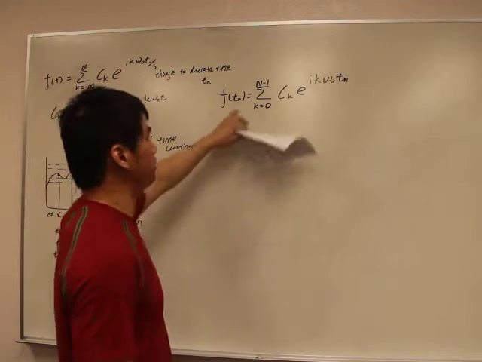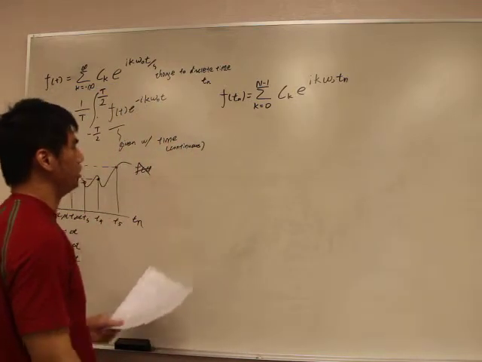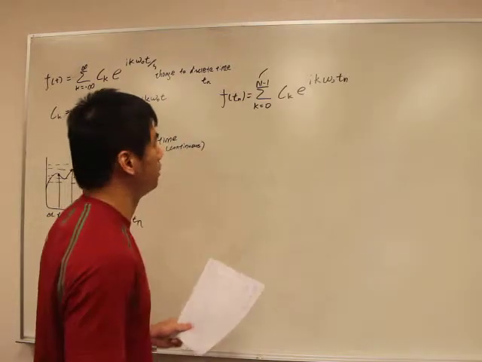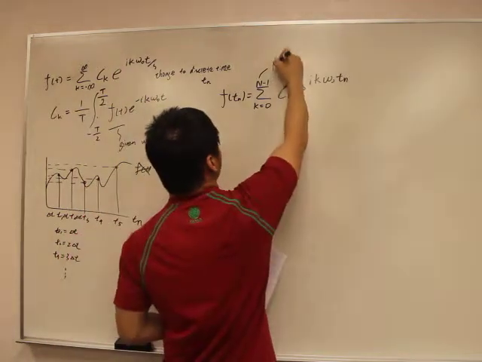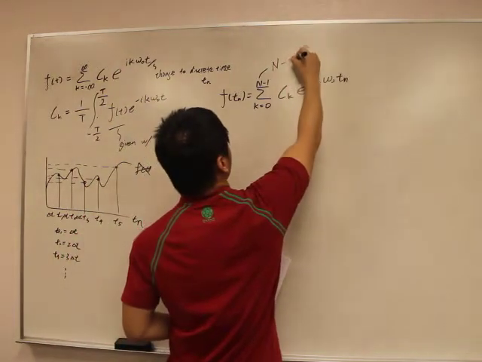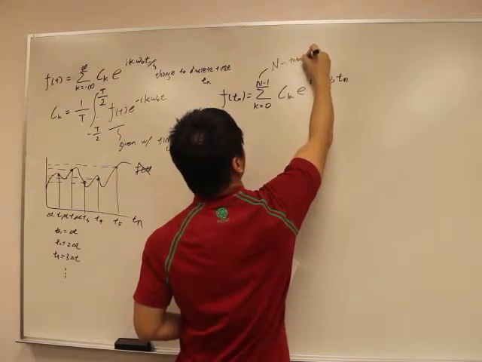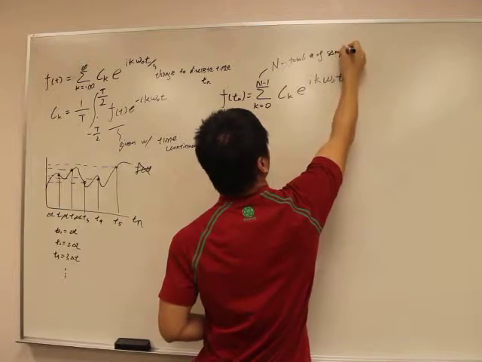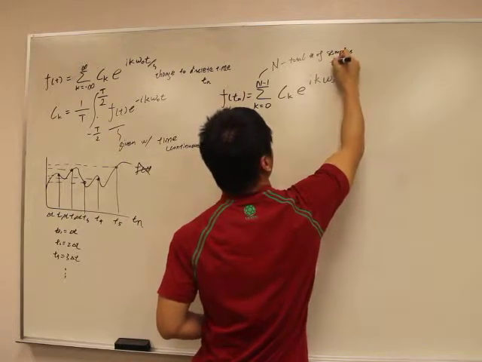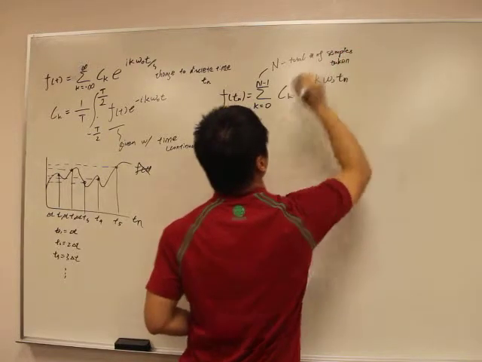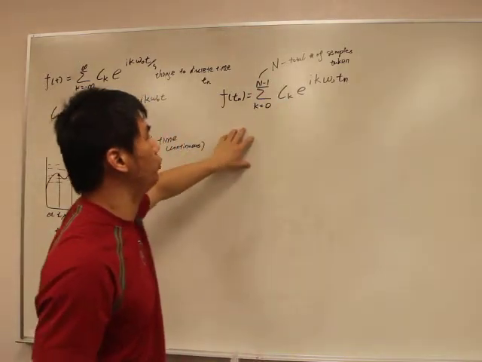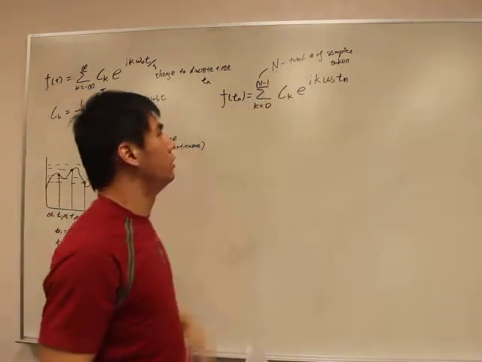Since we're using N as the total number of samples we've taken, if we go from 0 to N minus 1, we have N in total.